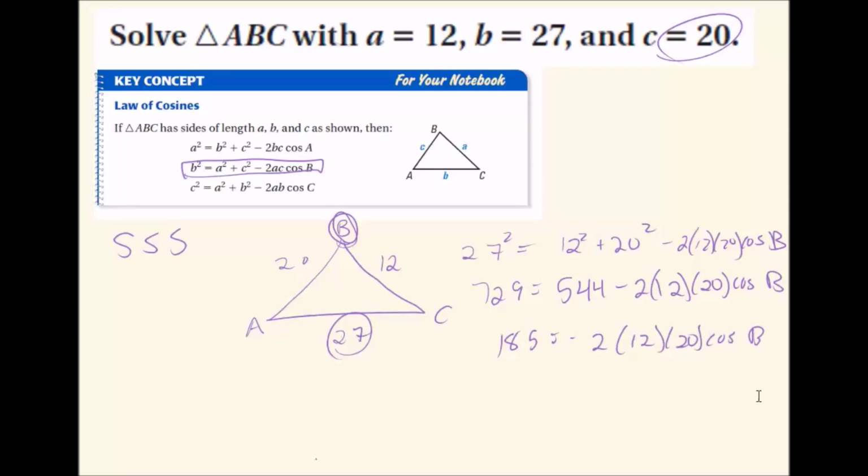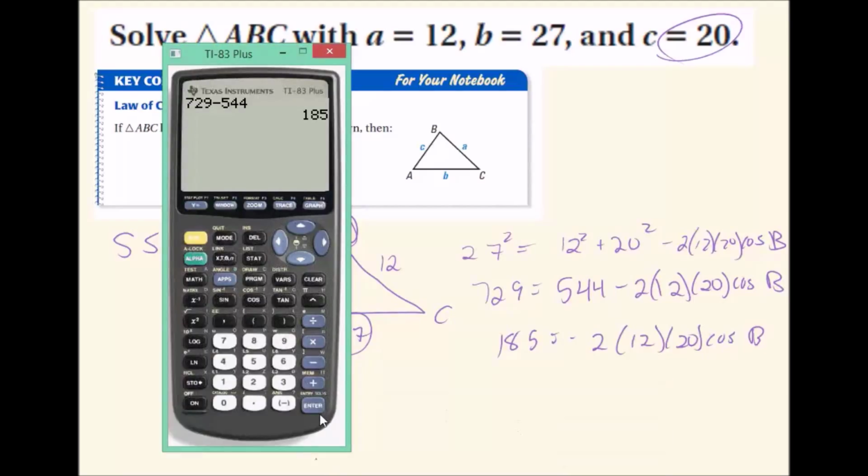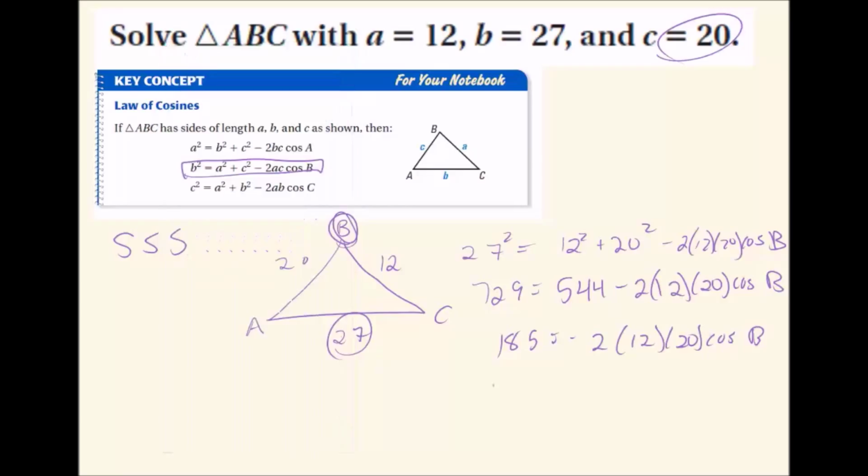Of course, some of this you can do in your head. So now we're going to divide by 2 times 20 times 12, and divided by negative that. So 185 divided by negative 480 is negative 0.385, which equals cosine b.